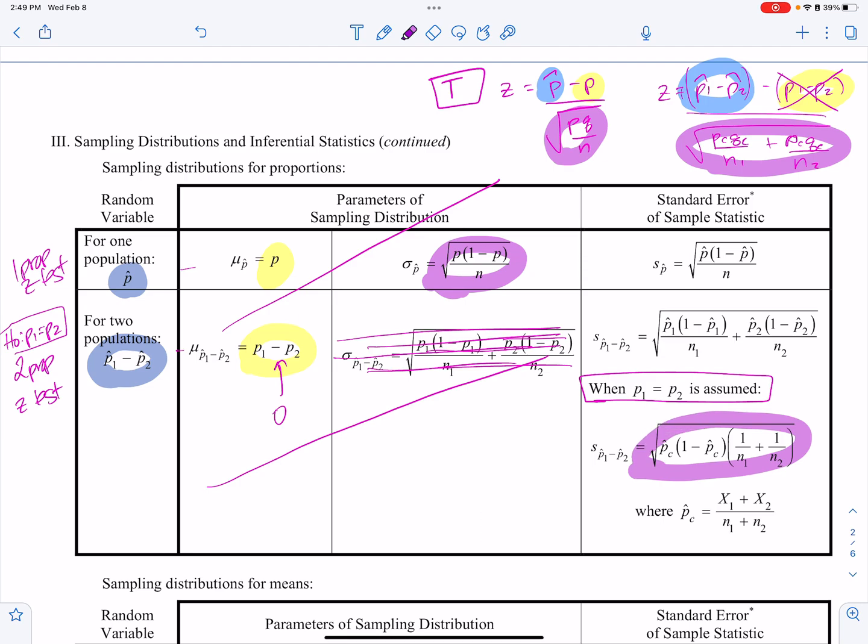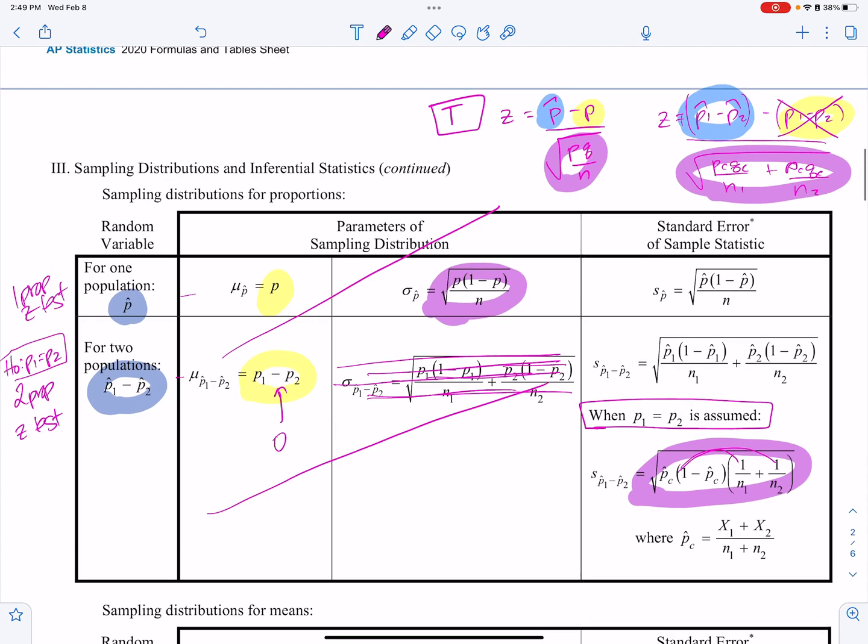That's my PC, which they wrote out a little different than I wrote it out. I write PC hat, QC hat over N1. It's the same thing, it's just distributing. So that's your 2-prop. Okay, now let's look at your confidence interval.